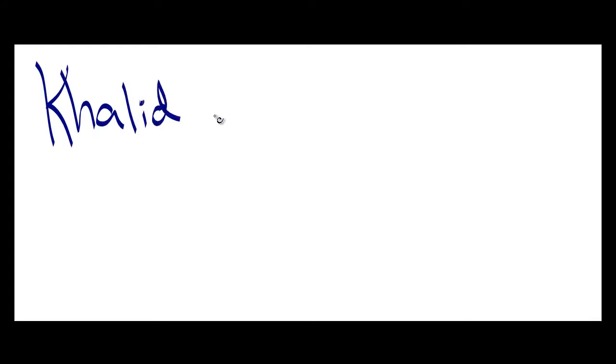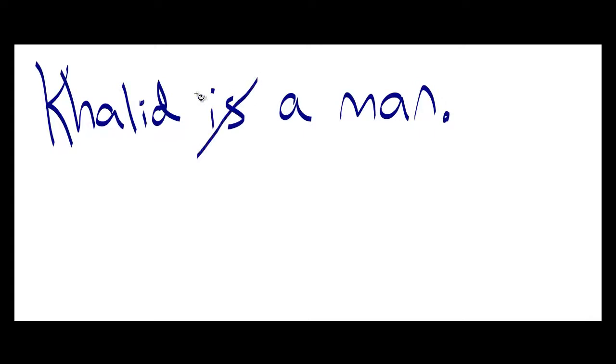So now that we've got that down, let's move on to making our very first sentence. For example, Khalid is a man. Now to translate this English sentence into an Arabic one, the first thing we do is we get rid of the is.